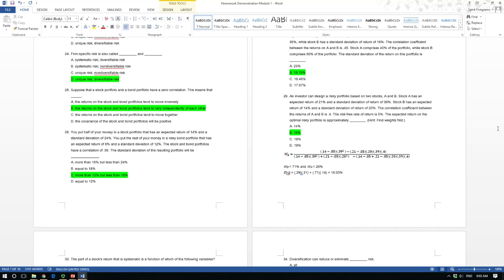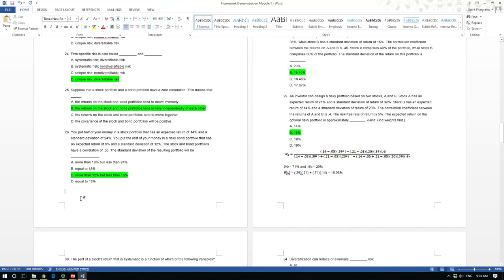So the standard deviation for stock is 24%, for bond 12%. What would be the standard deviation of this portfolio? You have choices: more than 18%, less than 24%, equal to 18%, more than 12% but less than 18%, and the last one is equal to 12%.